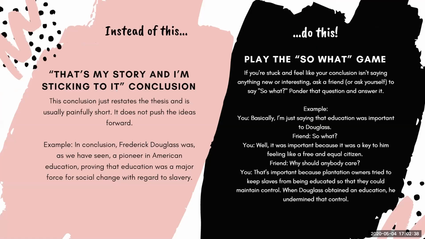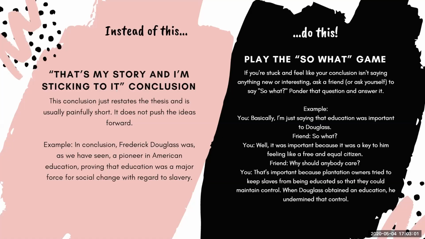Okay, so the next section, I'm going to go through a few different types of conclusions. I didn't write this. This is actually from the University of North Carolina, which I'll give you a link to after. But they found clever ways to name the different kinds of conclusions we see.